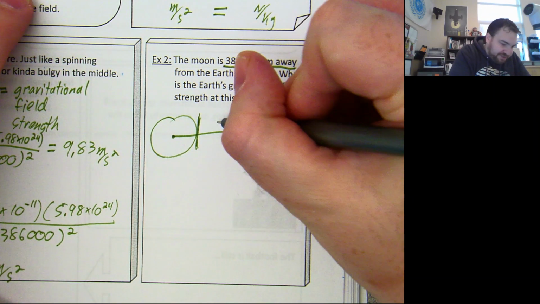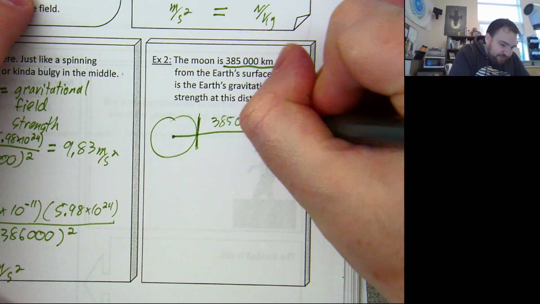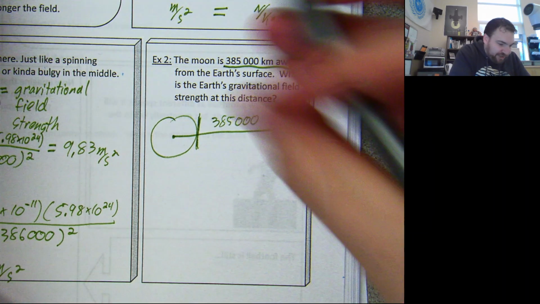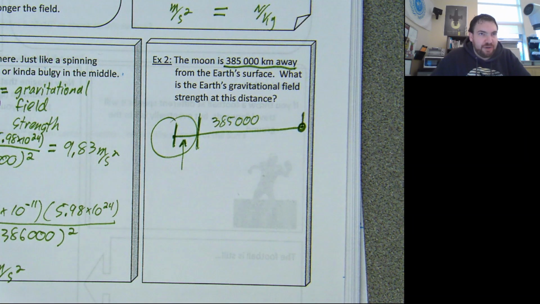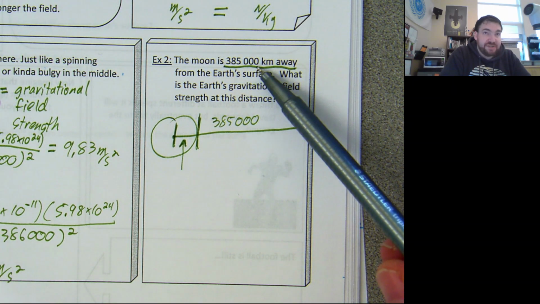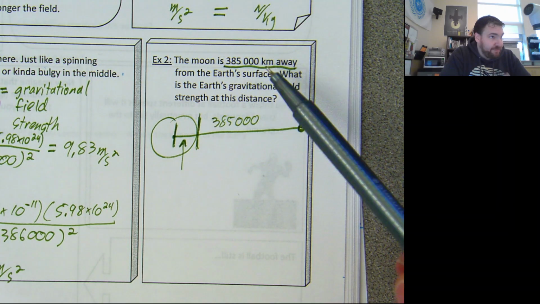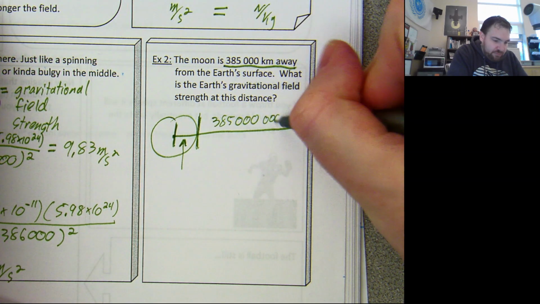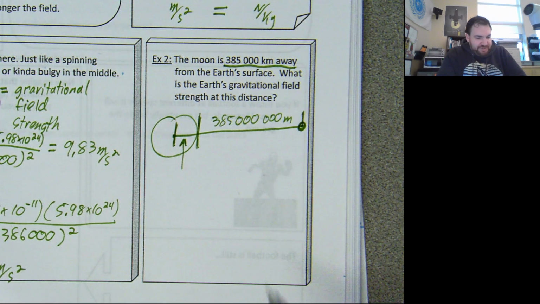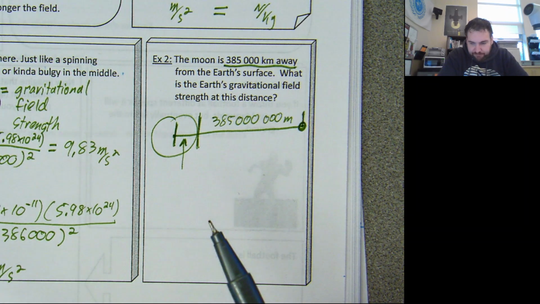So this number in here is 385,000. And because the radius of the Earth is quoted to us in meters, I'm going to put this into meters as well. To convert from kilometers to meters, we just multiply by 1,000, which is just going to tack on 3 more zeros. 385 million meters.